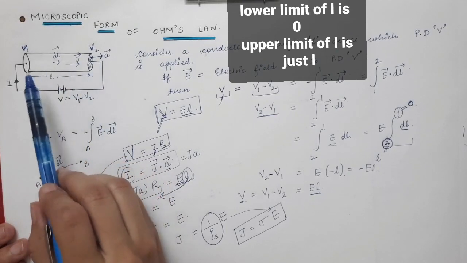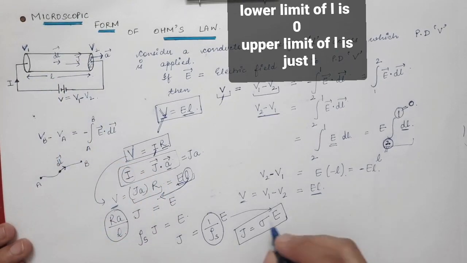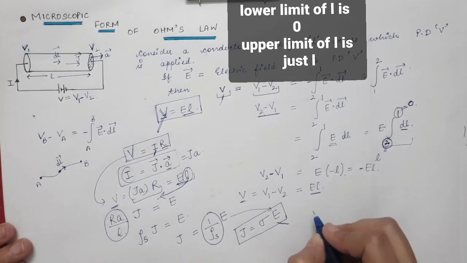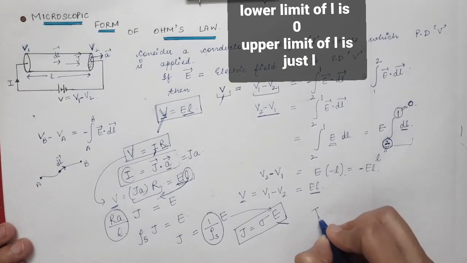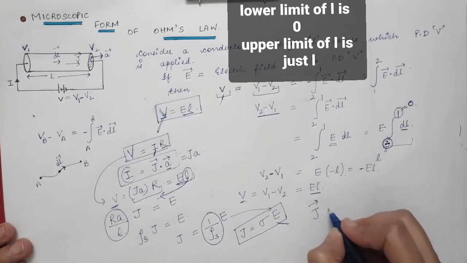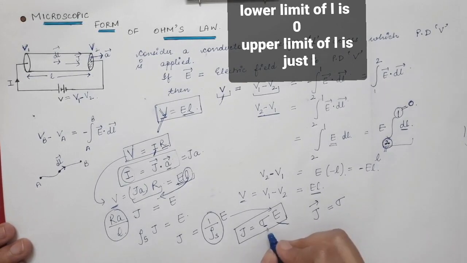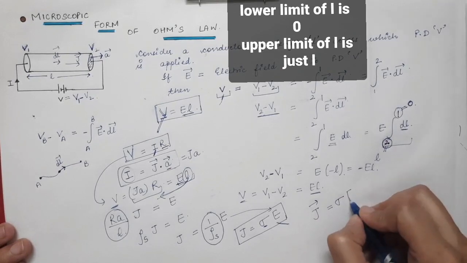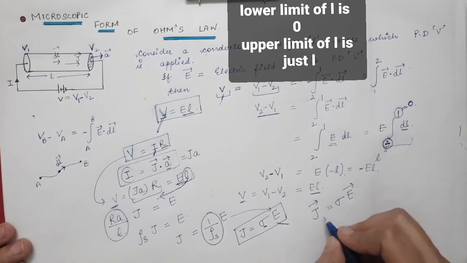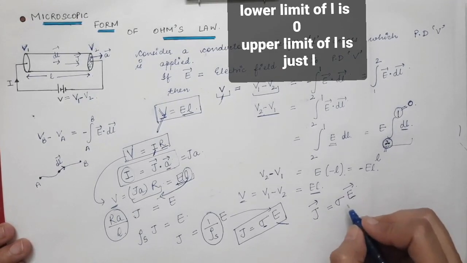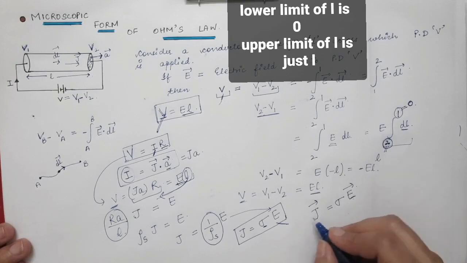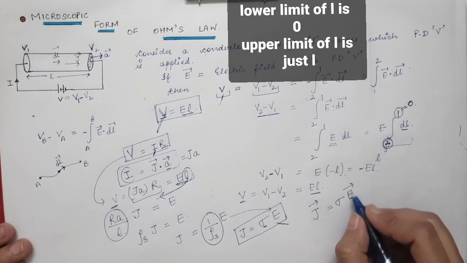So J vector and E vector, they both are parallel. So this is in magnitude form, and when you write it in vector form, you will have J vector is equal to sigma, this is a scalar over here, sigma into E vector. So J vector and E vector, they both are parallel to each other. Therefore, we have written J vector is equal to sigma into E vector.